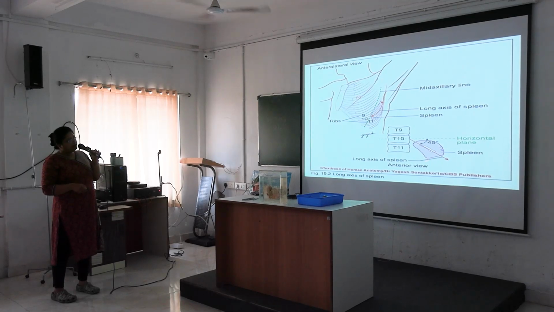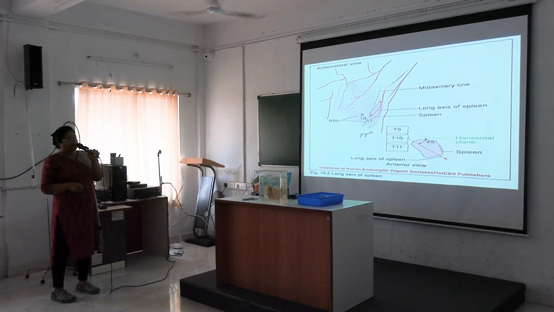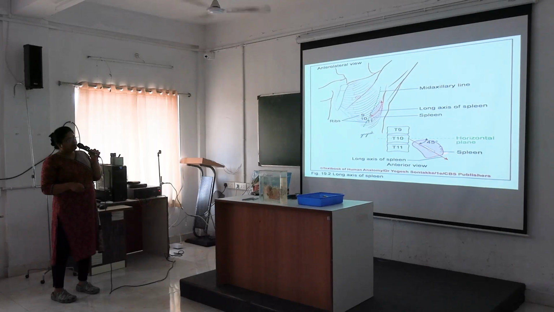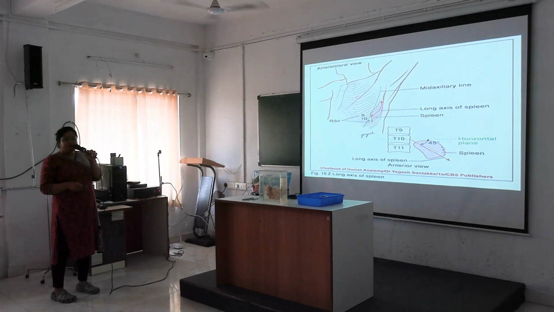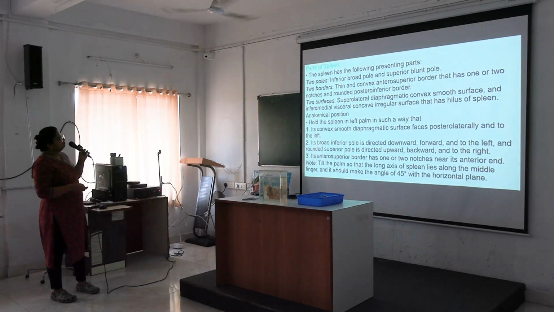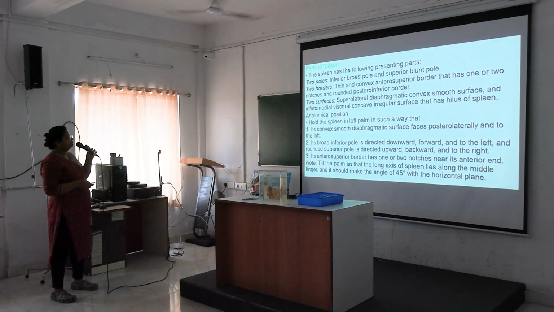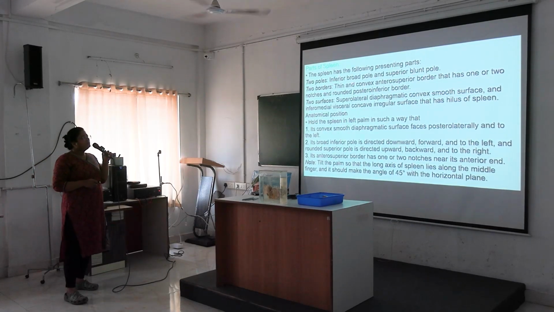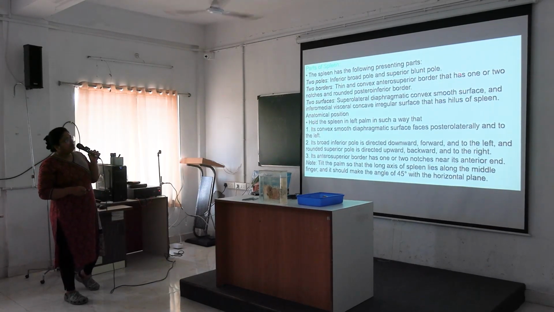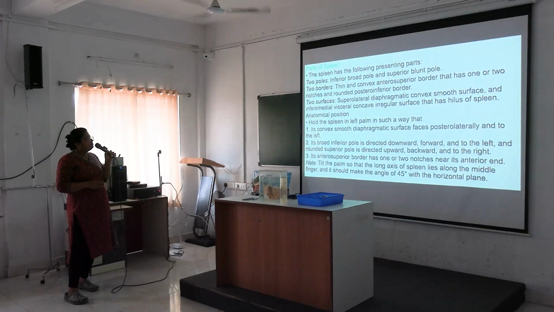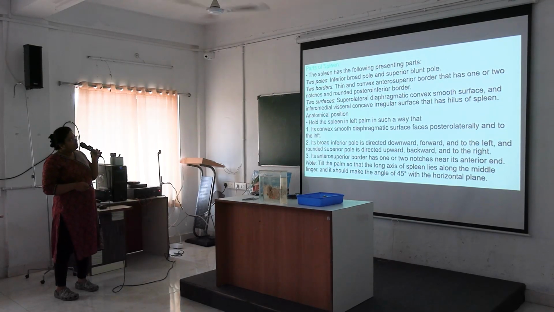See here, the inferior pole or anterior pole is broad, and the posterior pole is pointed or blunt. There are two borders: a thin and convex antero-superior border that has one or two notches, and a rounded posterior-inferior border.